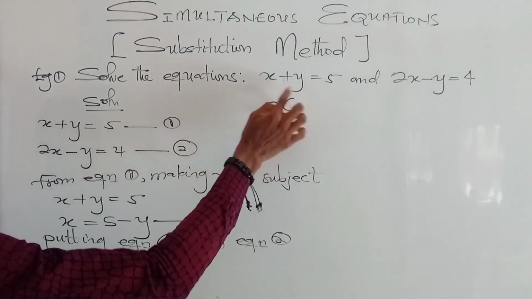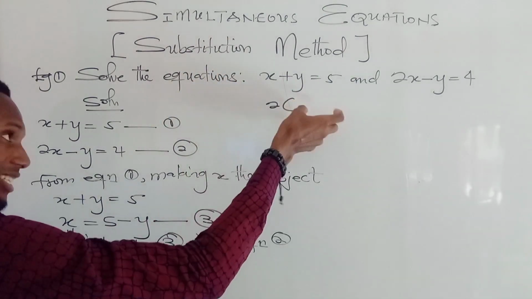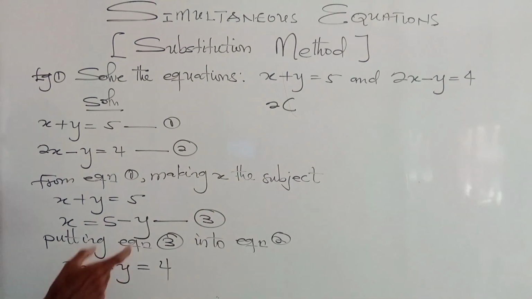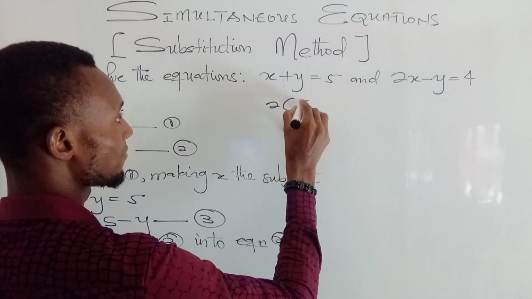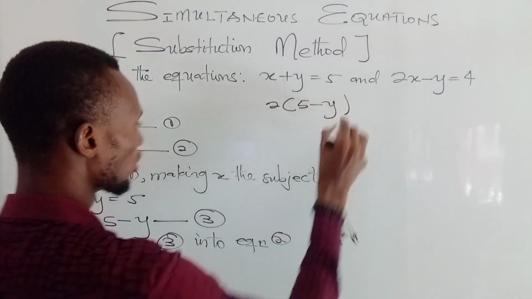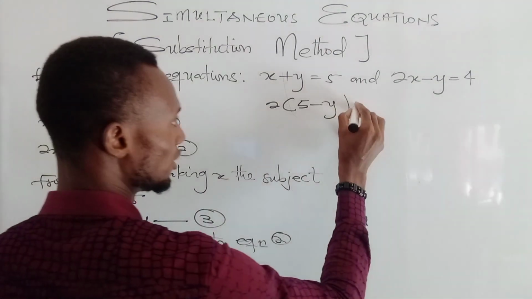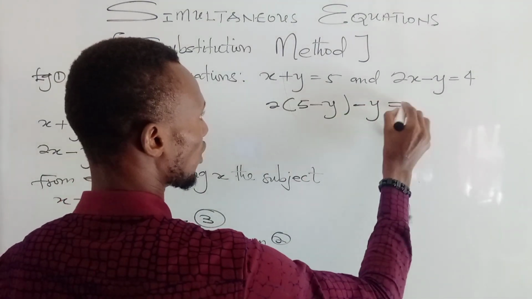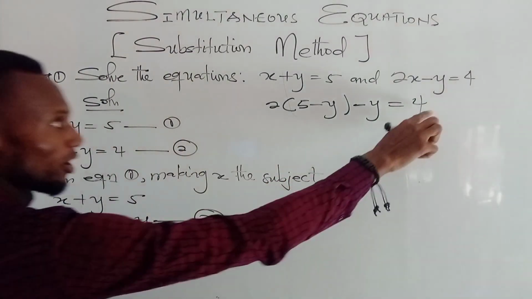That's why I put the bracket there. So 2 multiplying 5 minus y, you close your bracket. Then we have our minus y here, so you bring your minus y. So minus y equals 4. Your equal sign is here, then your 4 is there.